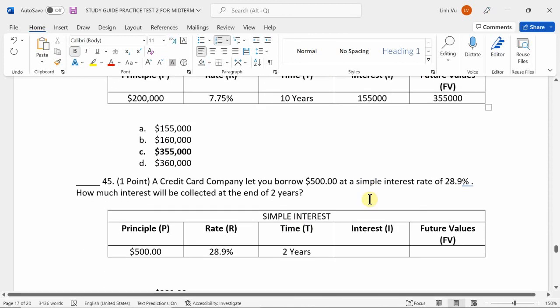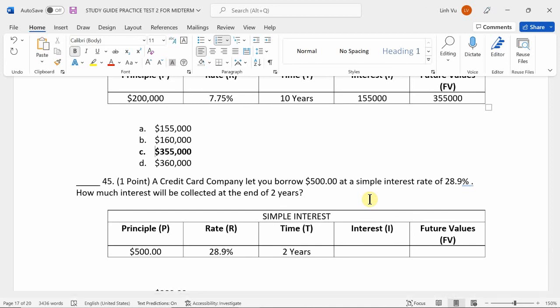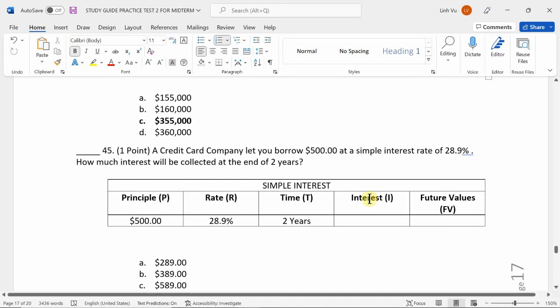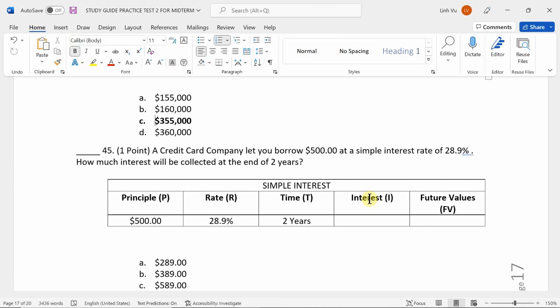Okay. Question 45 says, if a credit card company lets you borrow $500 at a simple interest rate of 28.9%, how much interest will be collected at the end of 2 years? So this one's asking me how much interest am I collecting? So in this case, I need to do my simple interest because it's a simple interest problem once again.